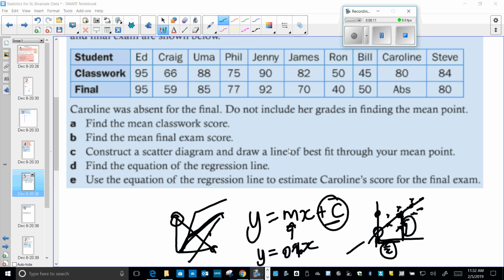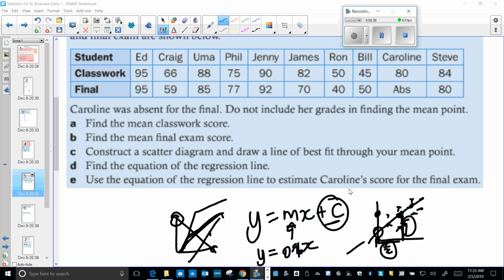Now it's an estimate because this equation is not perfect. What do we do? Can we just measure that on the line? Well, you could, but we've found an equation for it, haven't we? Yeah. So what does our equation say? So we've got y equals 0.96x.